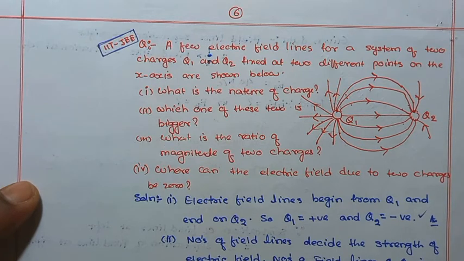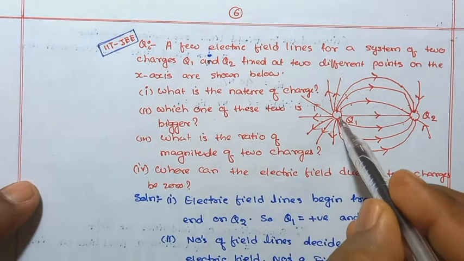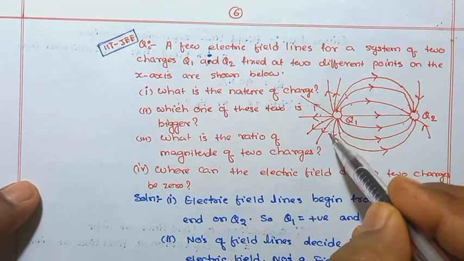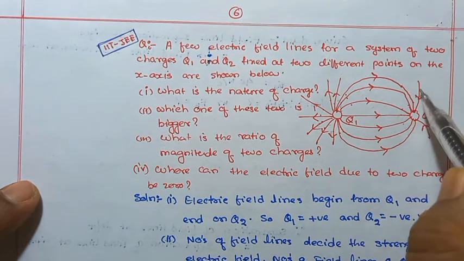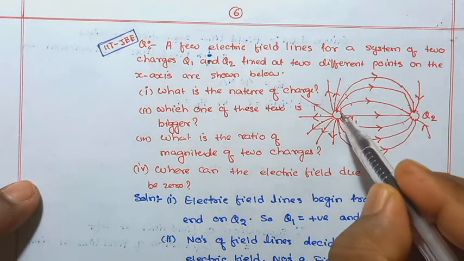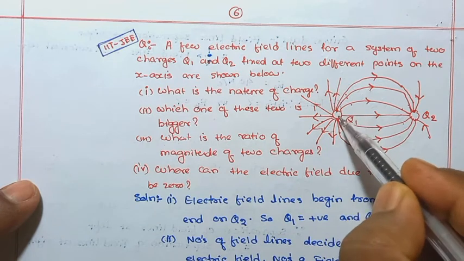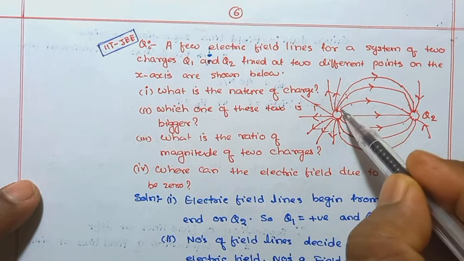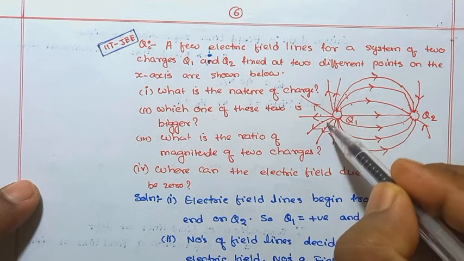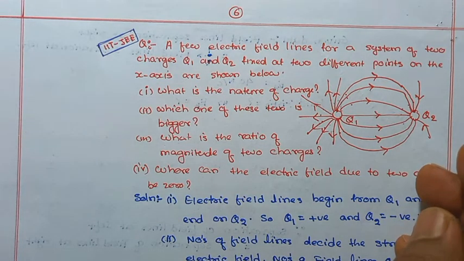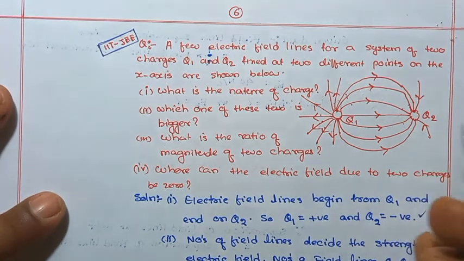See, in this question, here electric field lines begin from this charge. Here electric field lines are ending. So here electric field lines are beginning. That means electric field lines begin from this charge. We know that electric field lines move away from a positive charge.